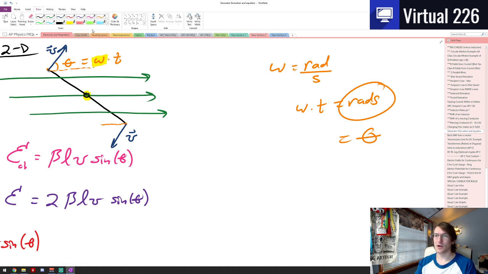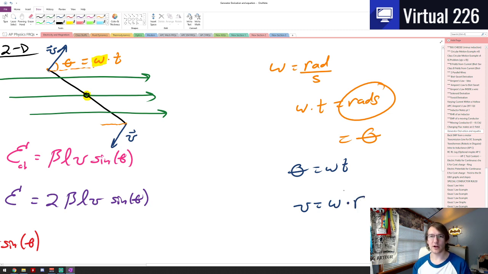And we actually know some information about our angular velocity. If theta equals omega t, we also know from last year in a very similar line that our velocity is omega multiplied by r. Remember, we talked about this in class the other day. If you're in a sword fight with a medieval knight, he wants to strike you where the blade is moving the fastest.